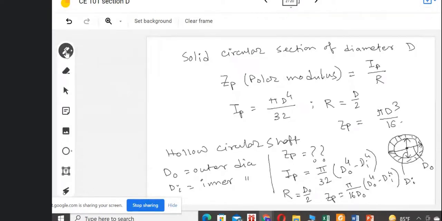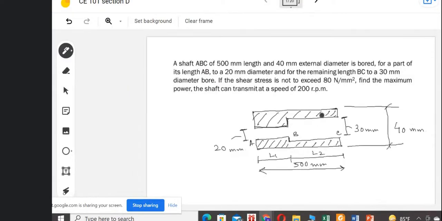Why am I telling this? Because for this problem we need to know this sort of hollow circular section where two diameters are given, external diameter and internal diameter. Again, the external diameter is 40.